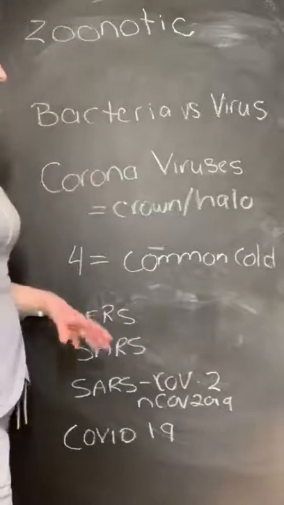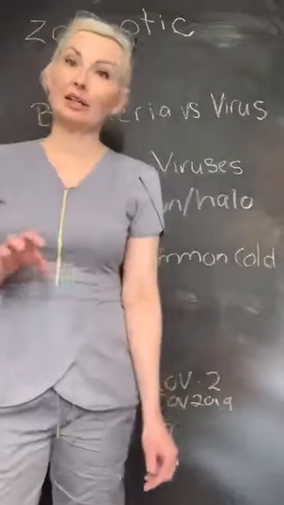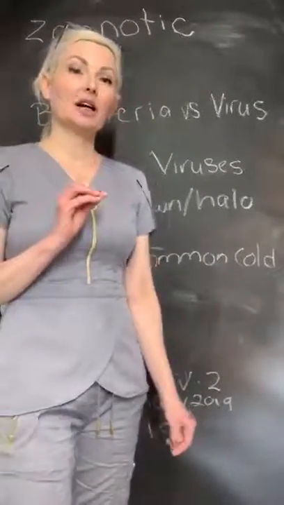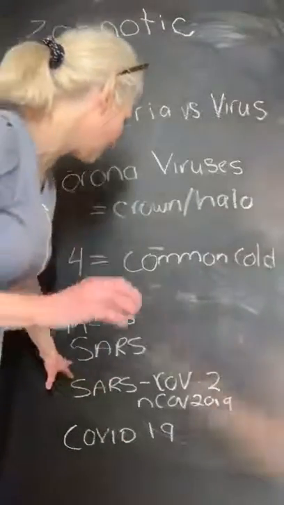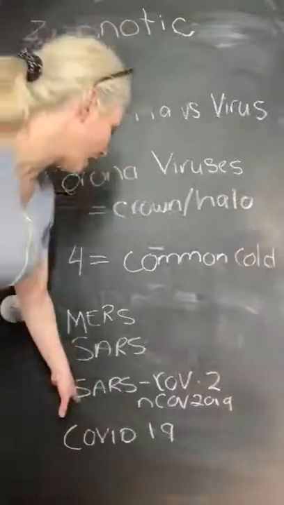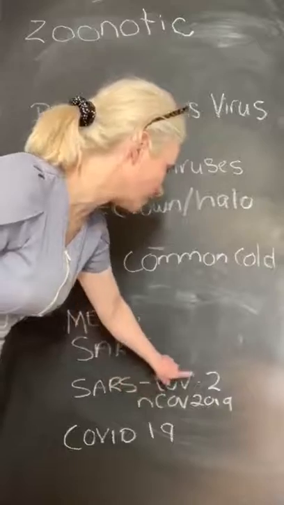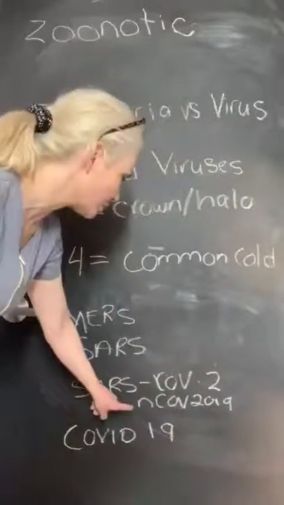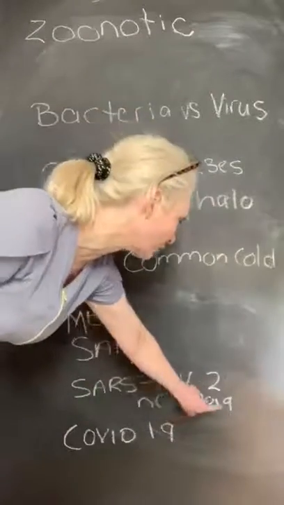This one was 2003, a real problem here in Canada, and it is related to the new virus that we're dealing with, which is known as SARS-CoV-2, or sometimes known as novel coronavirus 2019, so nCoV 2019.